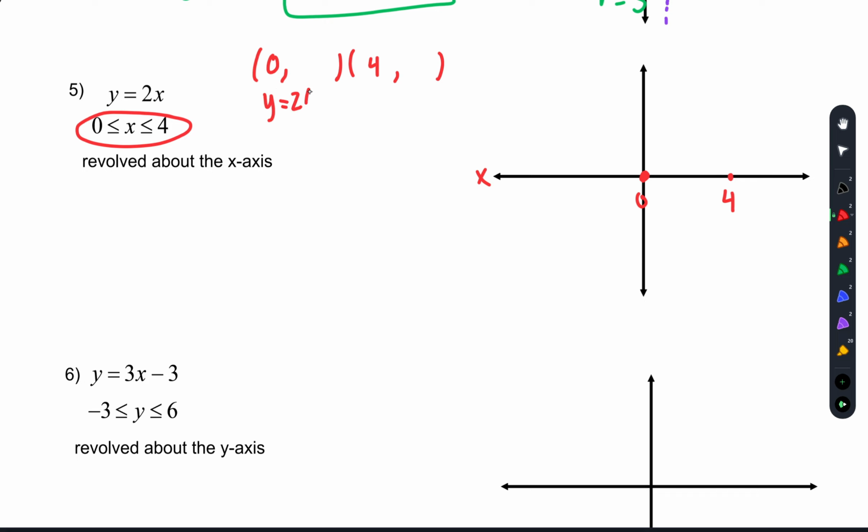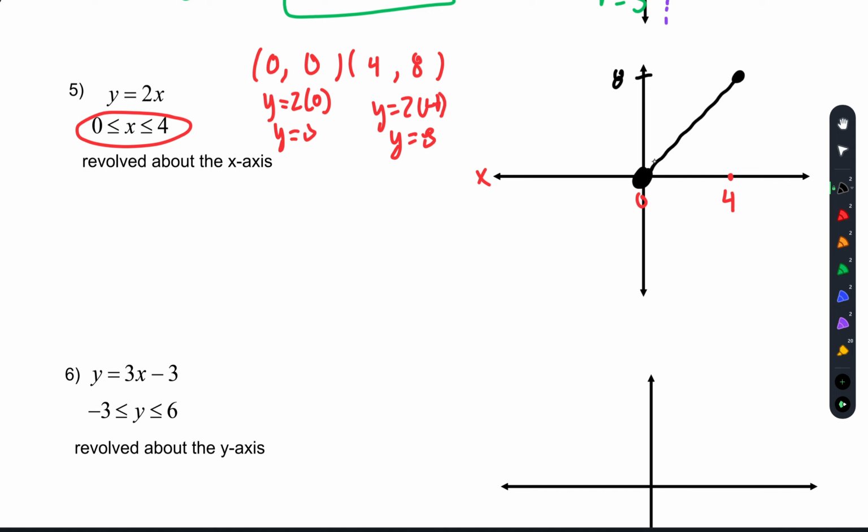y equals 2 times 0, and y equals 2 times 4. So my 2 points are at 0, 0, and at 4, 8. Everybody good?